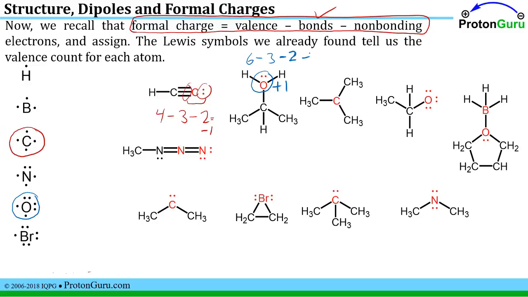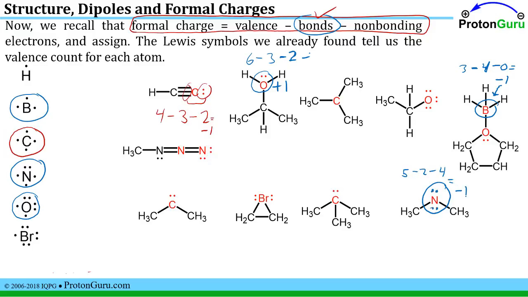If we take a look at this boron atom, boron has 3 electrons in its valence shell, minus 4 bonds, and there aren't any lone pairs. So 3 minus 4 minus 0 is minus 1. That's the formal charge for that boron. Nitrogen has 5 electrons in its valence, as we know from the Lewis symbol, minus 2 bonds, minus 4 electrons that aren't in bonds is minus 1.